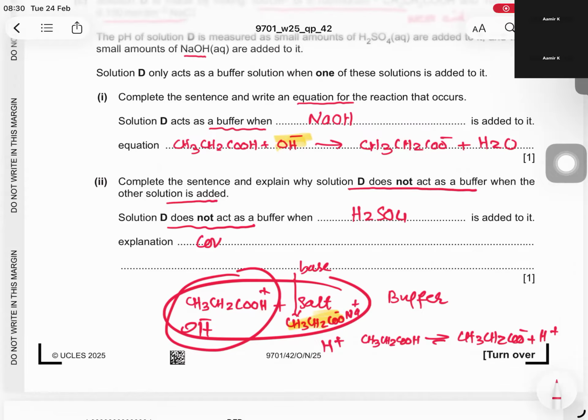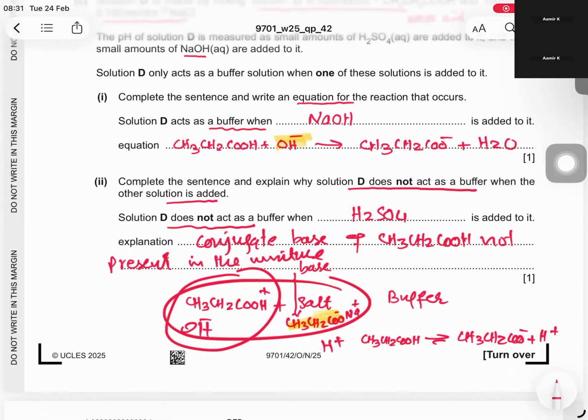So the conjugate base of CH3CH2COOH is not present in the mixture. Not present in this mixture, right? So it cannot neutralize the incoming H⁺ ion. जैसे वो नीचे मैंने दिखाया कि ये होना चाहिए था to neutralize this, right?